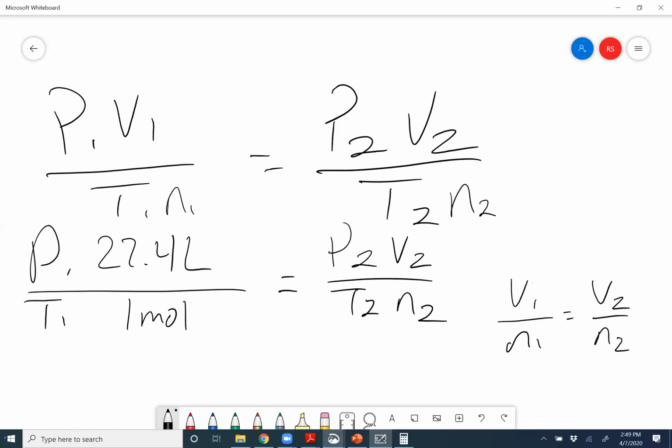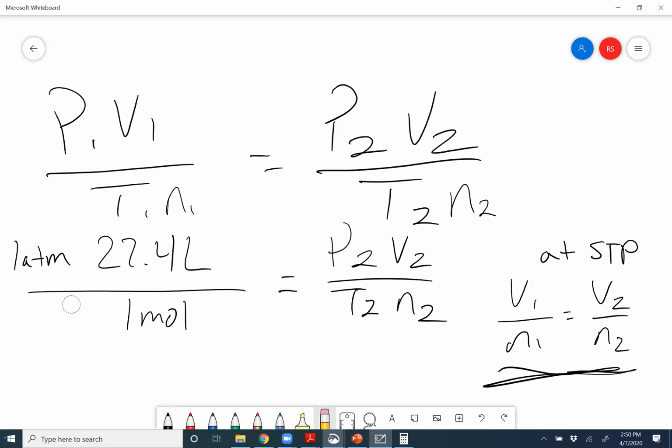But wait, didn't this occur at STP? And if this occurred at STP, that means we also know this, which is 1 atmosphere. And we know this, which is 273.